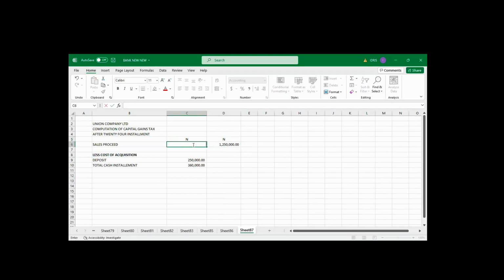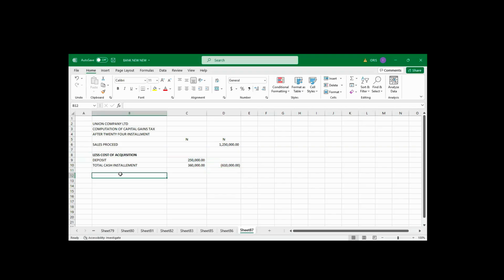It will give us 360,000. So 250 plus 360,000 is 610. That means our cost of acquisition is 610.